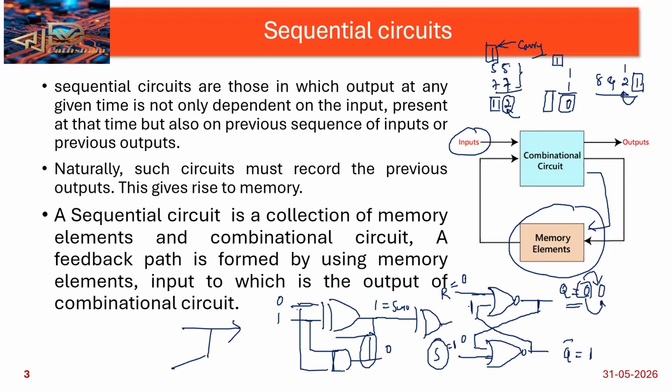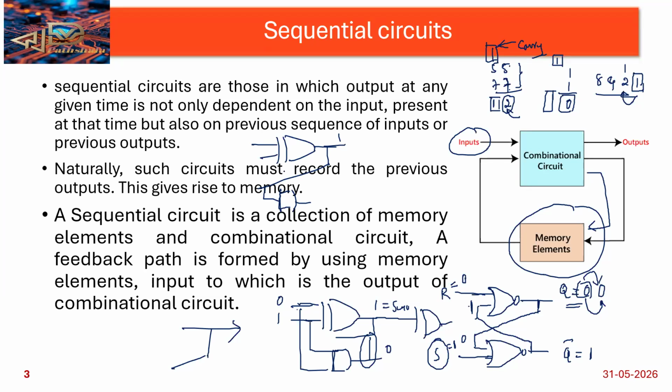Suppose you are getting the output, and that output we give to the previous same circuit's input, then it will be considered a sequential circuit. Forwarding to the next circuit does not come under sequential circuits.